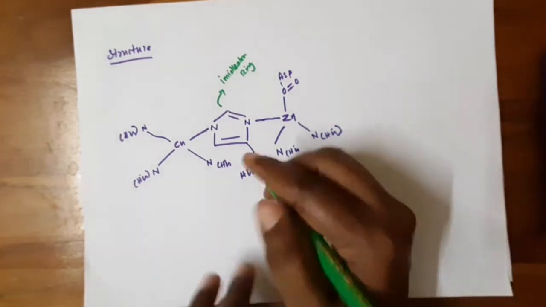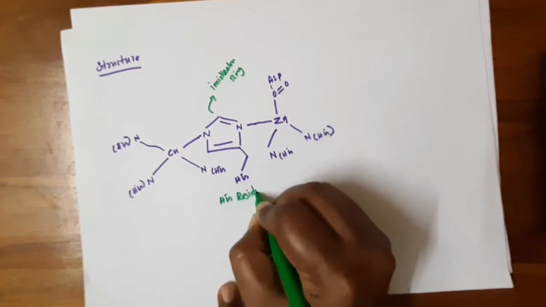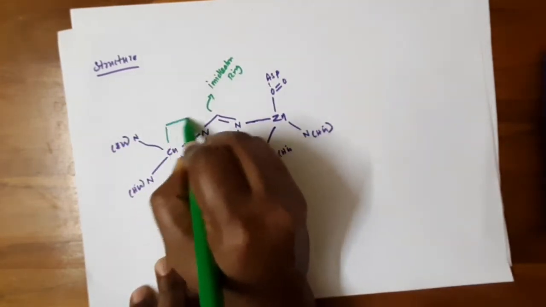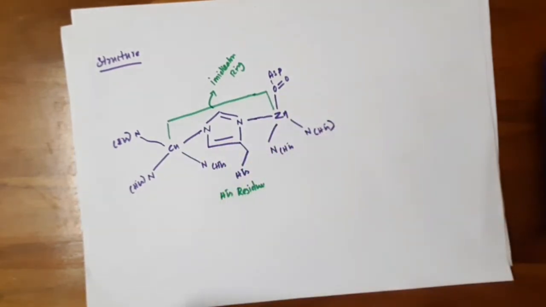Okay, so this is the histidine residue. The two metals are connected by this histidine residue of the imidazole ring.